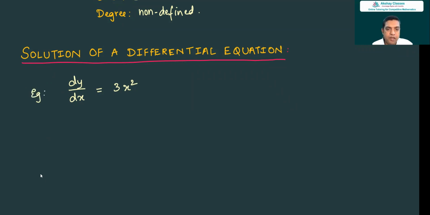Now we can see that y is equal to x cube plus some constant c will satisfy this differential equation. If you differentiate, you will get 3x square. That means if you substitute y in this differential equation, it will satisfy.